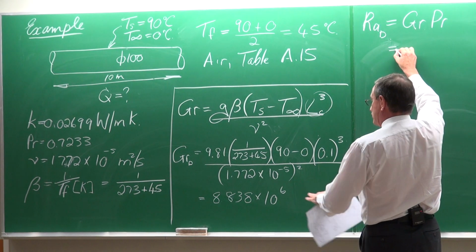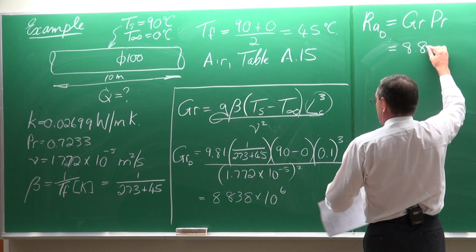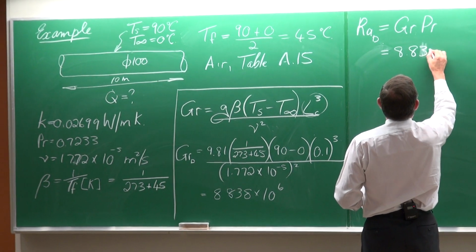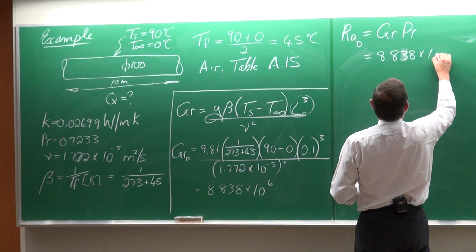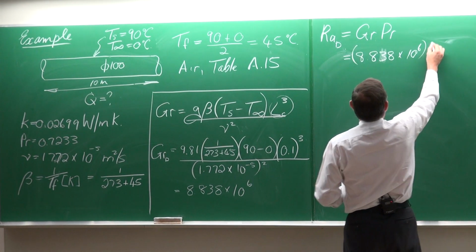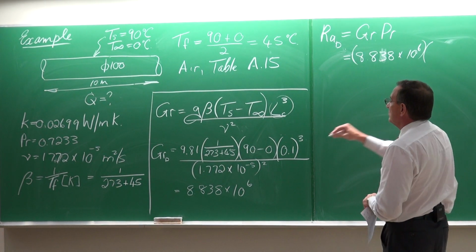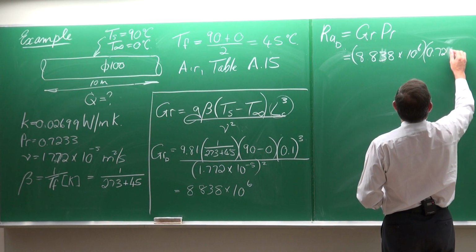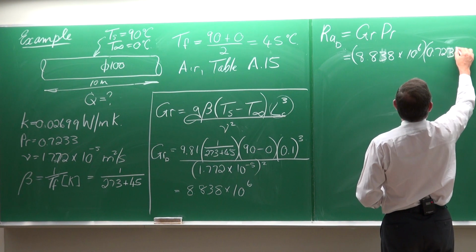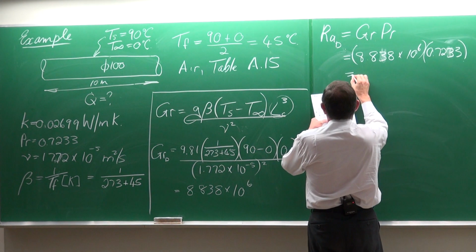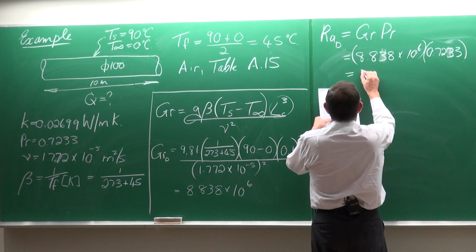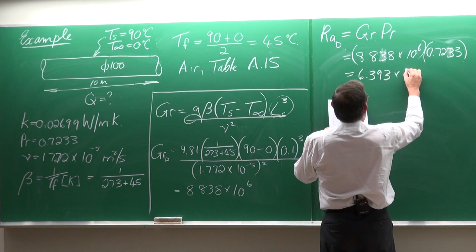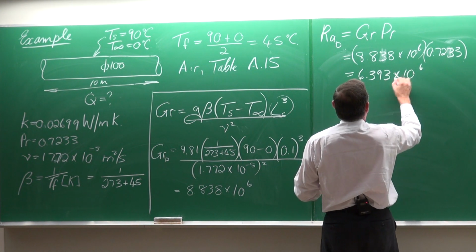It's equal to the Grashof number that we've obtained just now, 8.838 multiplied by 10 to the 6 multiplied by the Prandtl number, which is 0.7233. And the result is a Rayleigh number of 6.393 multiplied by 10 to the 6.